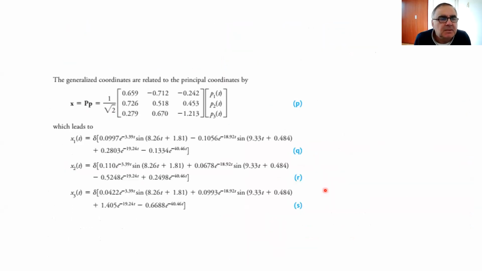And then the generalized coordinates are related to the principal or the modal coordinates by x equals P times p, which we call P times q.